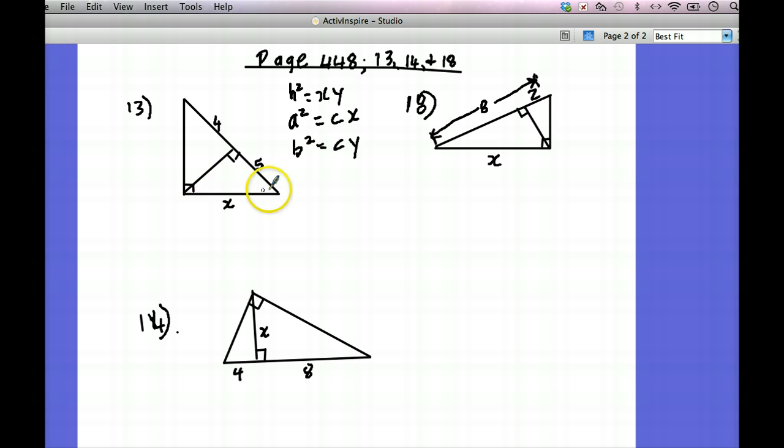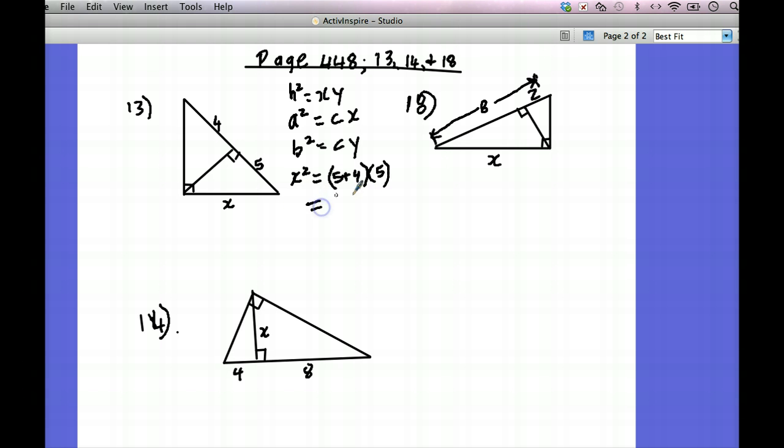So if I use this as my leg, I'd have to say x squared is going to be equal to c. I'm trusting that you can see that it's a whole hypotenuse. That's the C. So the C here would be 5 plus 4, times y, and the y is going to be the segment of the hypotenuse which is adjacent to the leg in question. So it's going to be times 5.